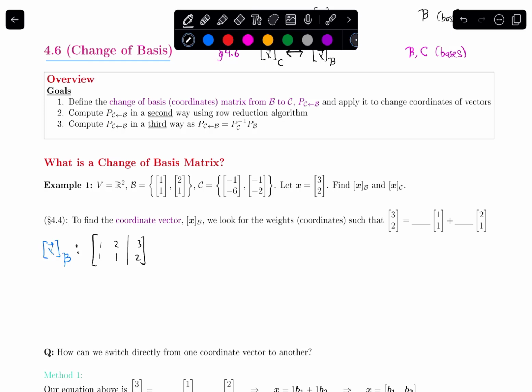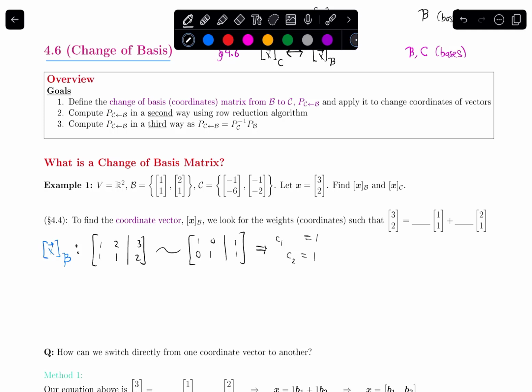I'm going to trust that we can row reduce this, so I'm just going to tell you what this row reduces to. It row reduces to 1, 0 augmented with 1, and then 0, 1 augmented with 1. The equations that we get from these now are, I'm going to let the variables be C1 and C2. So C1 is equal to 1 from the top, and from the bottom row, I get C2 is equal to 1.